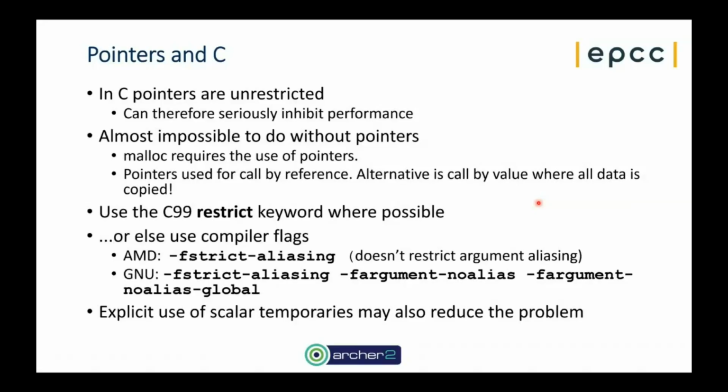In C, you can use the restrict keyword to tell the compiler that for this function, these pointers don't overlap, so you can optimize assuming that they don't overlap. And you can also use compiler flags to say that for the whole code there isn't any overlapping, so you can do your optimizations based on that.